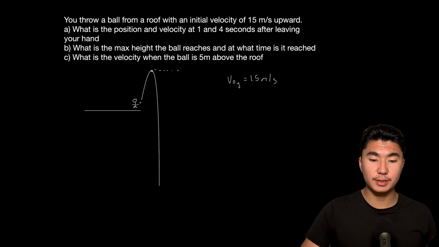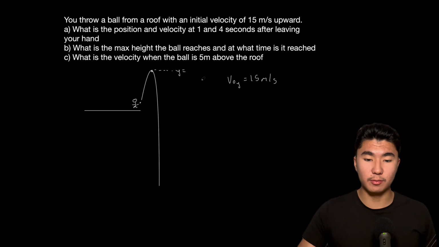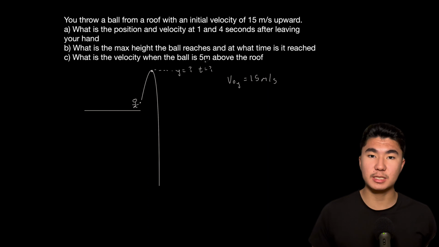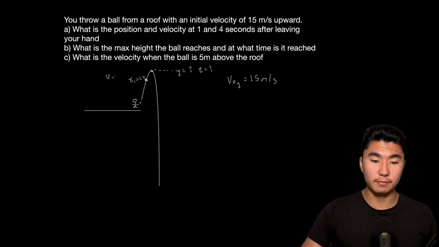And this position is something that we're trying to find. What is the max height? And we're also trying to find at what time we reach that maximum height. Now over here, we can represent this as T1 equals 1 second. So this is when the ball is thrown after 1 second. So we're trying to find the velocity of that. So we can do Vy1 equals unknown.